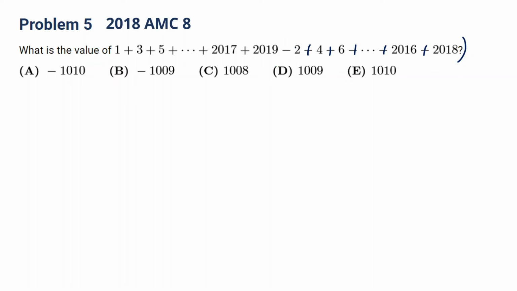But probably you can use an easier way. We can do 3 minus 2 is 1, and 5 minus 4 is also 1, until 2019 minus 2018, that is 1. So everything is 1. From 1 to 2019, how many numbers are there?